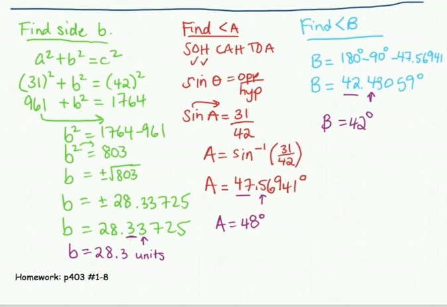So if you ended up with 43 for angle B, or you got like 49 or 50 for A, and you're like, oh, that's close enough, it's not. It means that you had a rounding error somewhere through here. So maybe you rounded up too early, maybe you made a calculation error. But usually when you're off by 1 or 2, it's a rounding error.